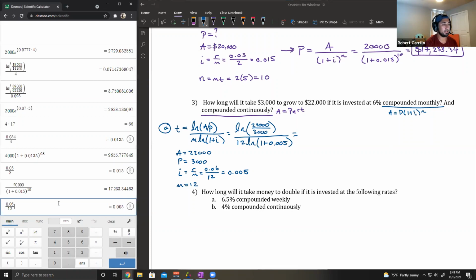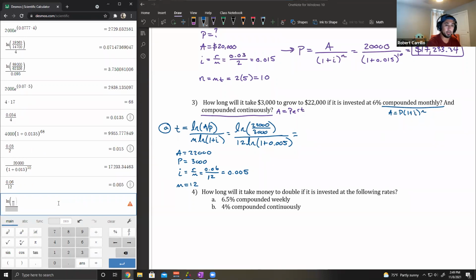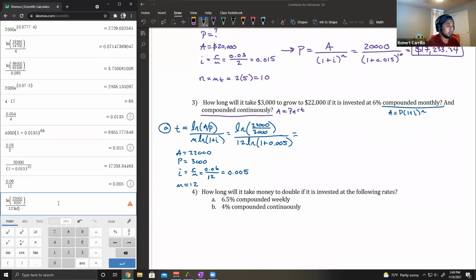All right, let's see. Fraction, natural log, parentheses, another fraction, 22,000 over 3,000, over 12 times the natural log, parentheses, of 1 plus 0.005, close.